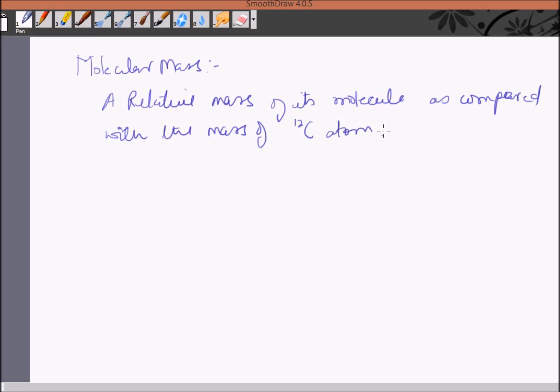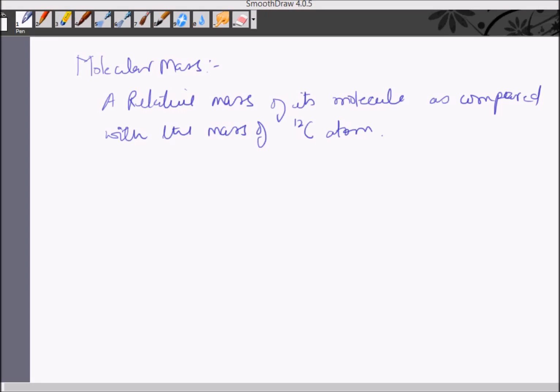What does this mean? This means that the molecular mass of a substance indicates the number of times one molecule of a substance is heavier than 1/12 of the carbon atom, that is a C12 carbon atom.